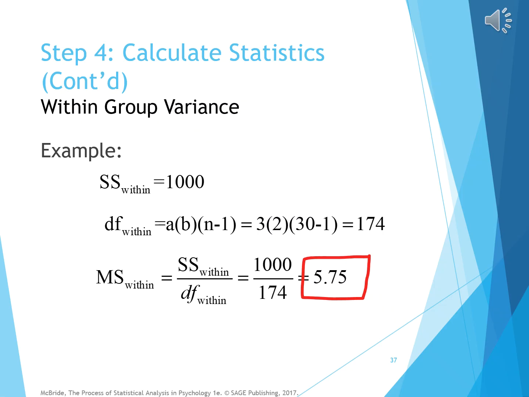We can calculate the degrees of freedom within by saying there's 3 levels of the first variable times 2 levels of the second variable times 30 minus 1, because there's 30 people in each cell. And that gives you a total of 174. So to find the mean squares within, you just take 1,000, divide it by 174, and you get 5.75.